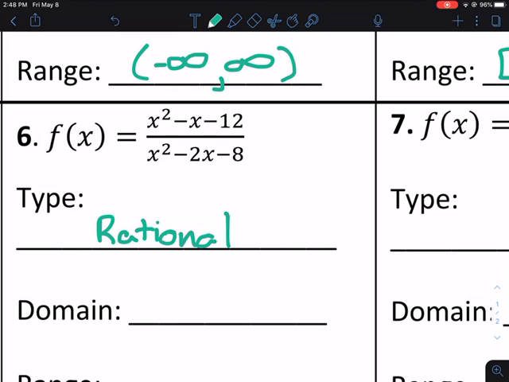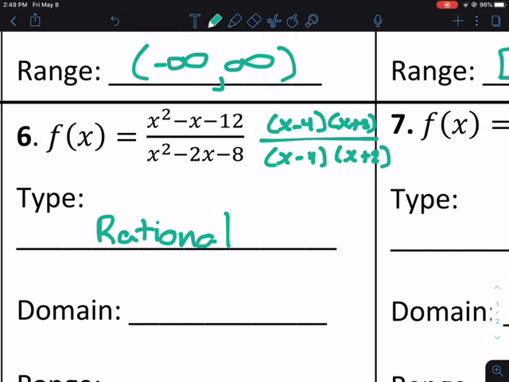And those will occur, let's factor this out. x minus 4 up top times x plus 3. And then on the bottom we have x minus 4 times x plus 2.